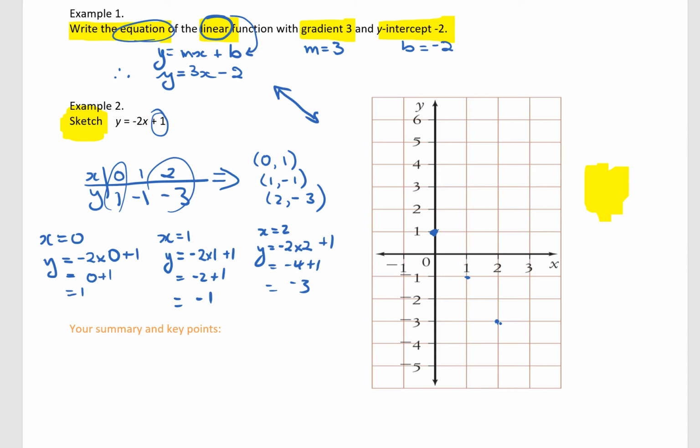If they don't line up, you've made a mistake either in your calculations here or plotting your points. There are 2 places you could make a mistake. I'll try and draw this freehand. However, you use a ruler, please, because I have to do freehand because the screen can't cope with a ruler resting on it and then me trying to draw.